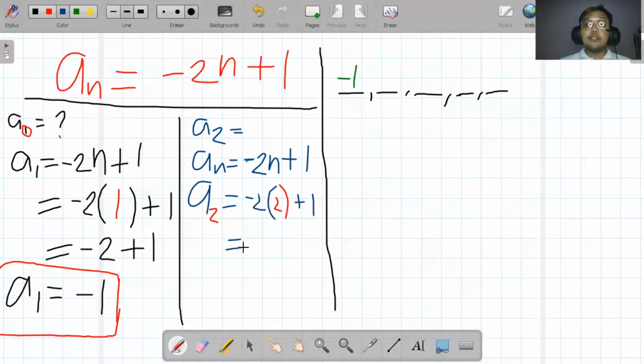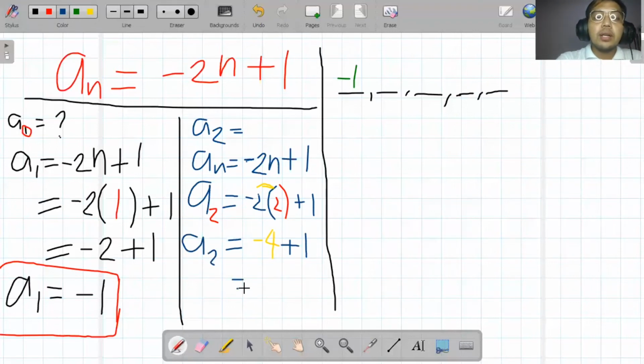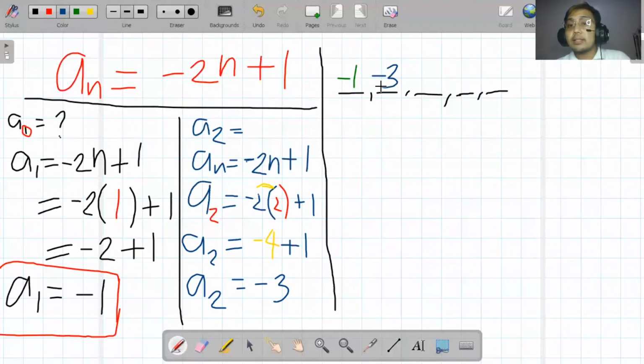So, negative 2, you do this first because it is times. So, negative 2 times 2 would be negative 4. And then, plus 1. So, our a sub 2, negative 4 plus 1, you owe 4, pay 1 peso, that would be negative 3. So that is our a sub 2, which is negative 3. So you have found the first term and the second term.